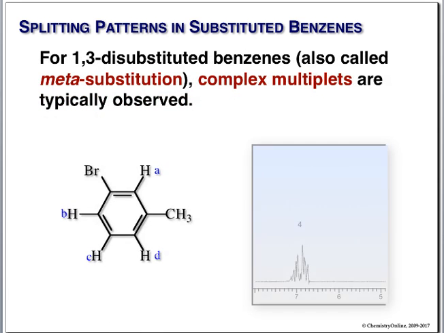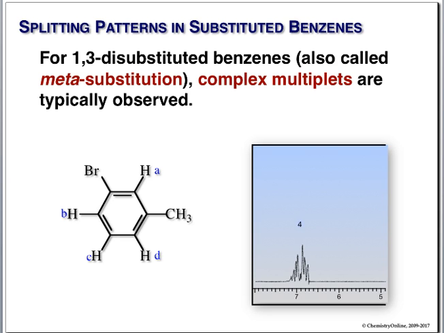Here we have unsymmetrical 1,3, bromine and a methyl. So we have 1, 2, 3, 4 different hydrogens, typically with meta-substitution. That's what it's called. You don't see averaging like we did with monosub. What you see is what we lovingly refer to as a multiplet.